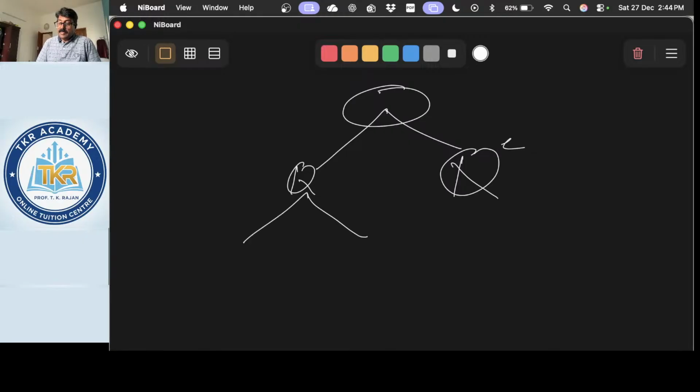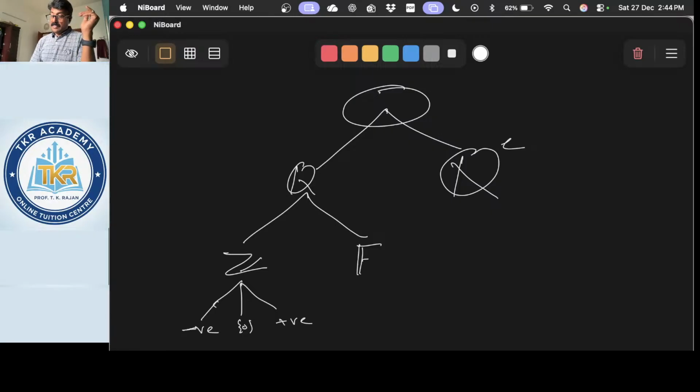Q is divided into the set of all integers and other types of rationals, which are called fractions. And the set of all integers is again divided into negative integers, 0, and positive integers. This is the real number tree, we can say, in the field of mathematics. Okay.